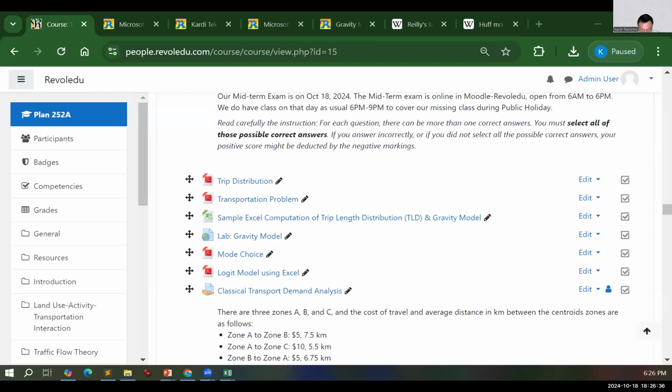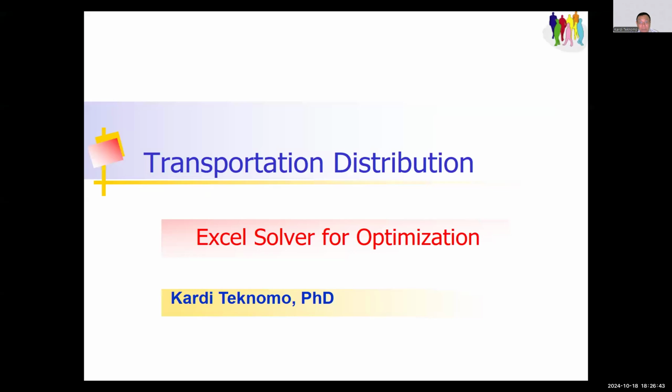Okay, so we will use Excel Solver to solve this. Let me show you. Transportation distribution using Excel. Can you see my slide?